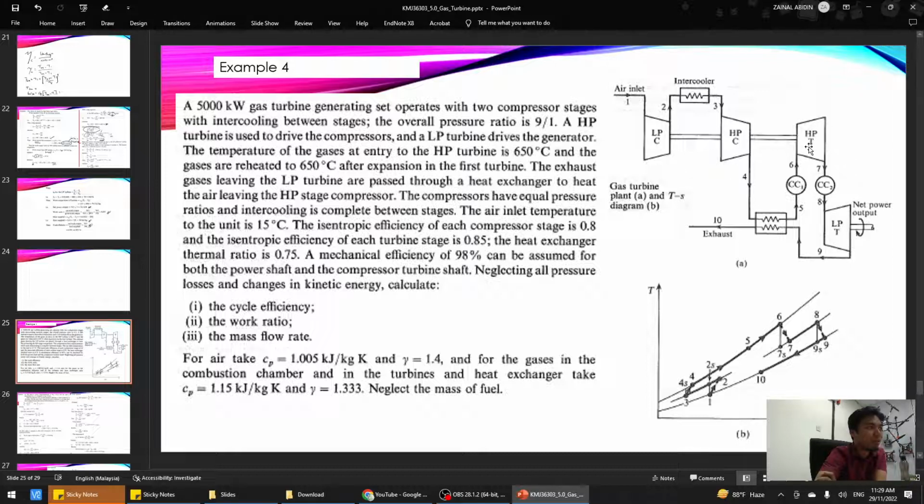Satu lagi ada high pressure turbine dengan low pressure turbine. Kalau kita lukis dia jadi macam ni lah. So sama juga, nak selesaikan soalan yang macam ni, you perlukan temperature at each position. 1, 2, kalau ada isentropic given, you perlu cari actual temperature dia. Then you can find the work in and work out, all the Q in and Q out.